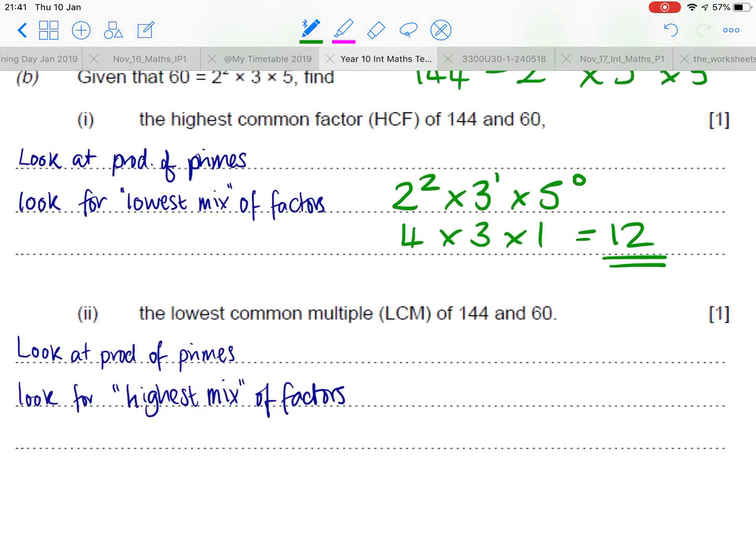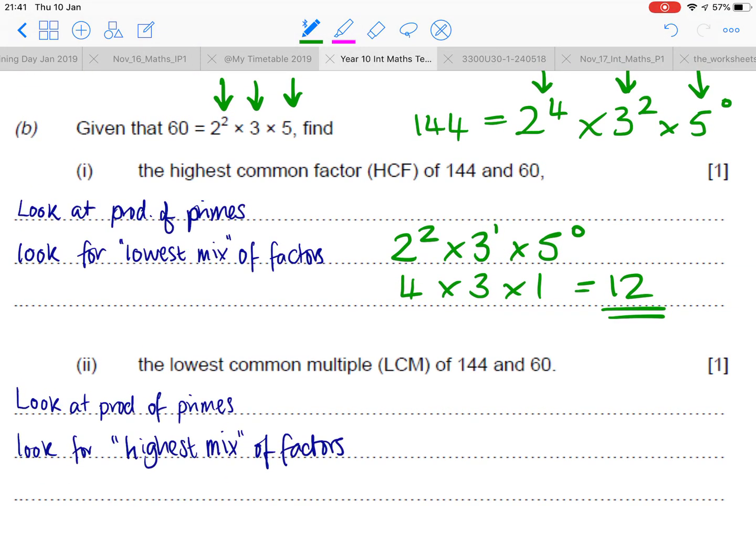For the lowest common multiple, I still need to use those 3 numbers for the 60 and those 3 numbers there for the 144, but this time I'm looking for the highest mix. So I look at the 2s and I take 2 to the power of 4.